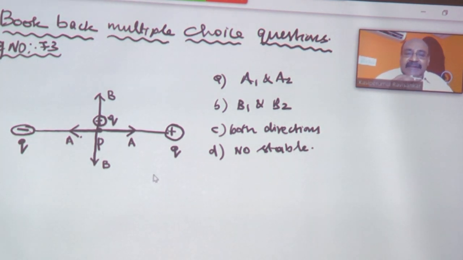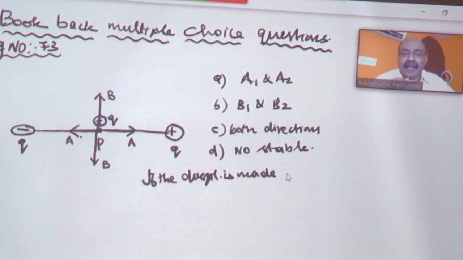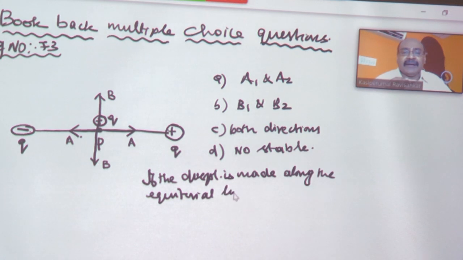The reason is, if the displacement is made along the equatorial line, then the charge plus q will be stable.